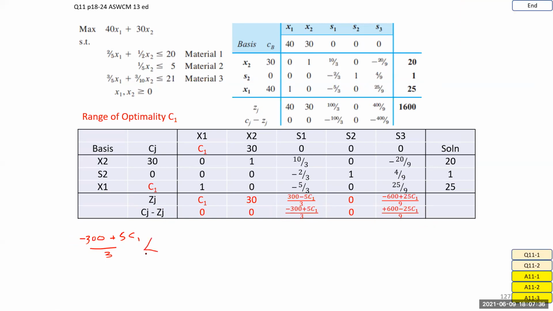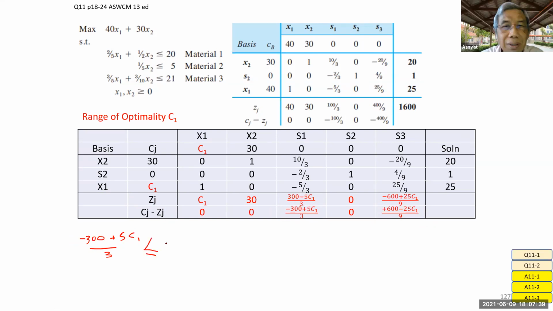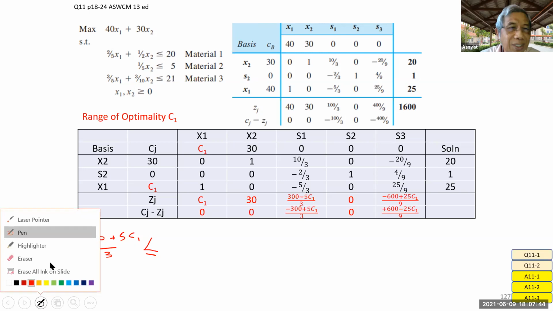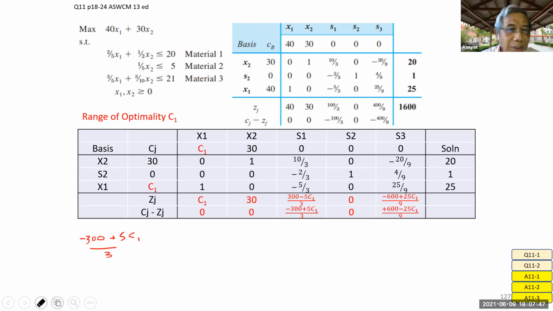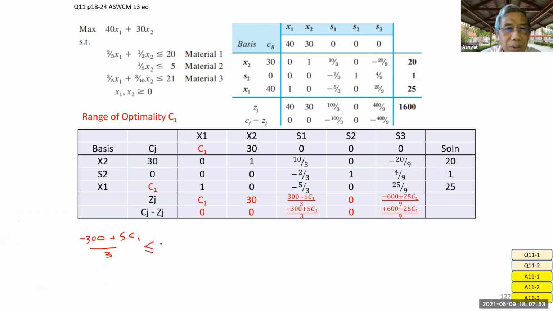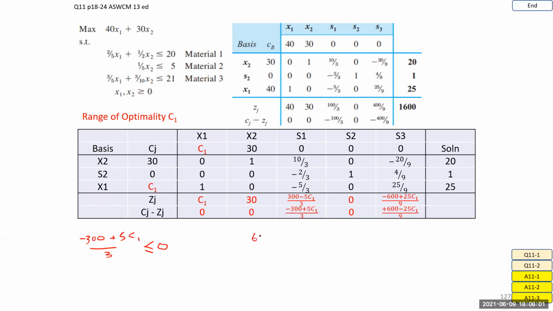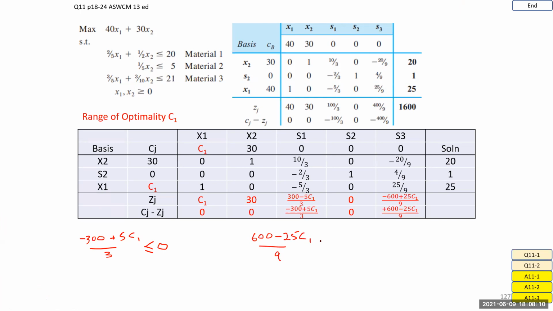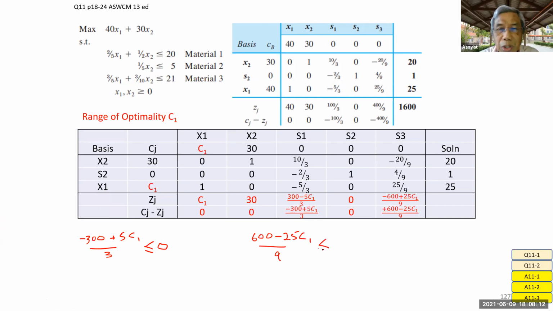Less than or equal to, more than or equal to 0? It's maximization, so it should be less than or equal to 0. Let's use the other one: 600 minus 25 C1 over 9. To be optimal, it should be less than or equal to 0.